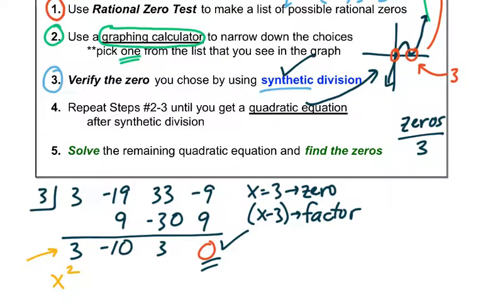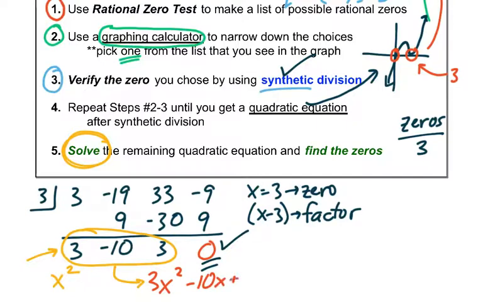Once it's down to an x squared polynomial, all we have to do is solve it, usually by factoring, and find the rest. Let's see what these numbers actually mean. We were dividing by x minus 3, or we did synthetic on 3, and this gives us a result of 3x squared minus 10x plus 3.